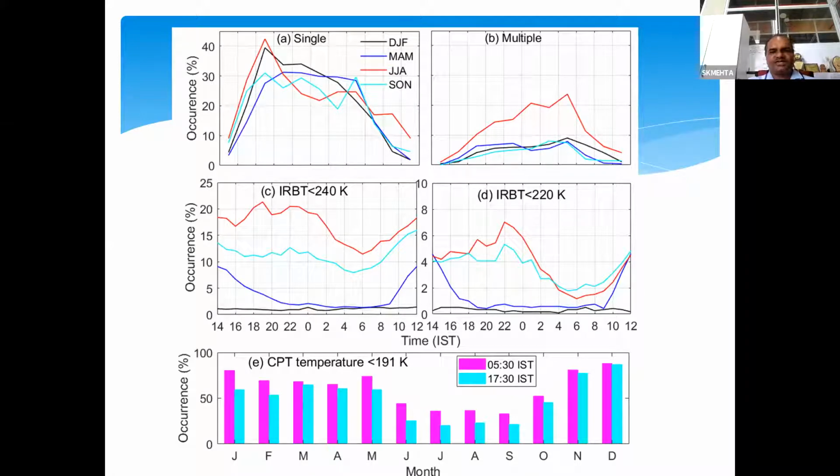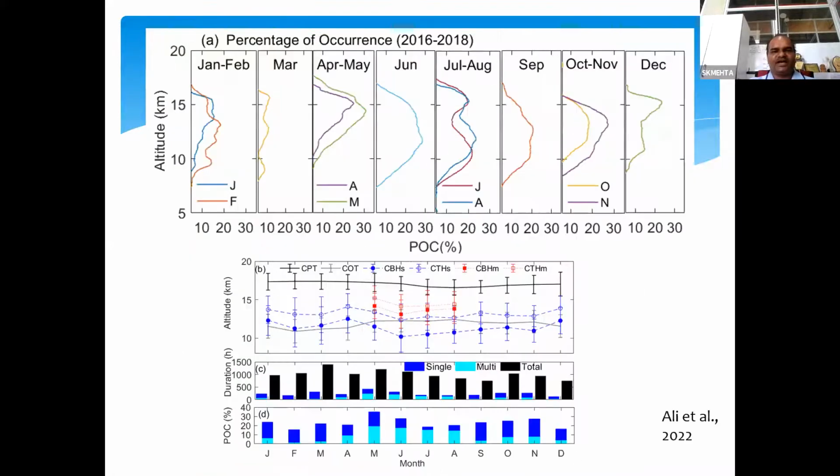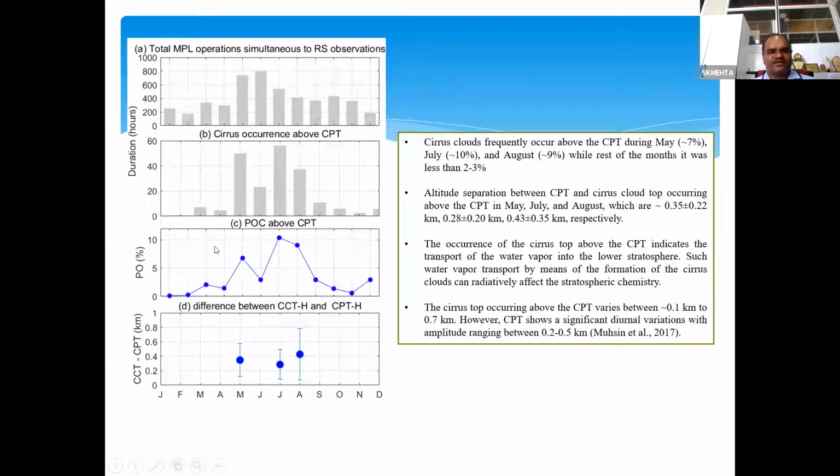Then I also want to indicate how many times the cirrus cloud actually forms above the tropopause, which has a radiative impact on stratospheric change. Quite a few times it goes into the lower stratosphere, so it has implications for the radiative impact on the stratospheric composition.